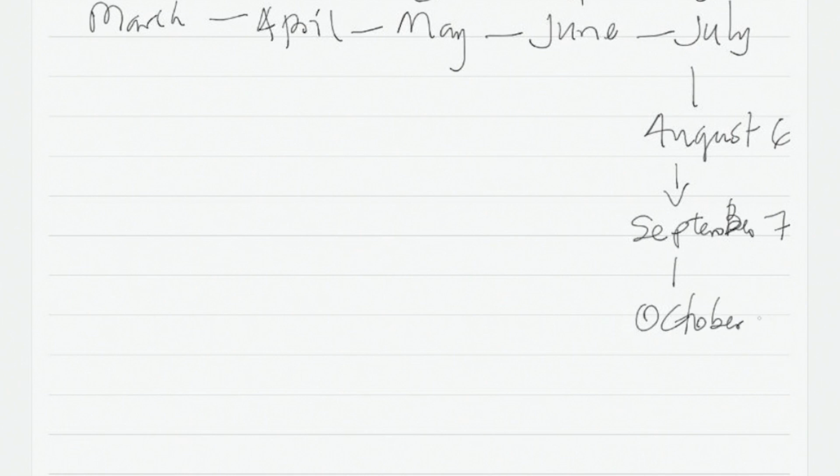October, 8th month. And in November, we have the 9th month. So now the range is, this gestation period can be in November.